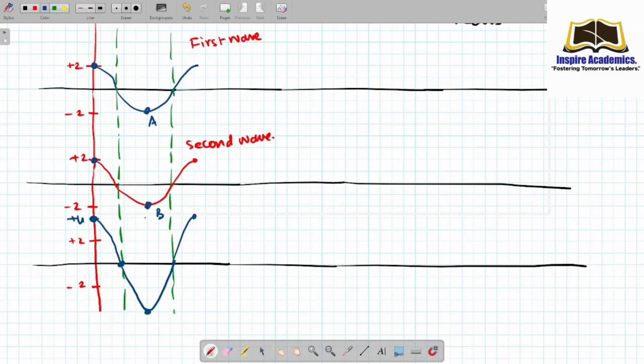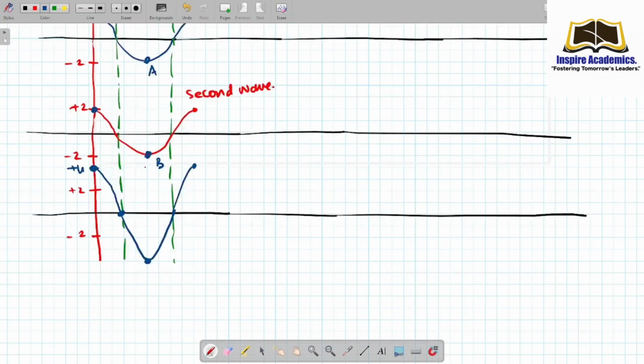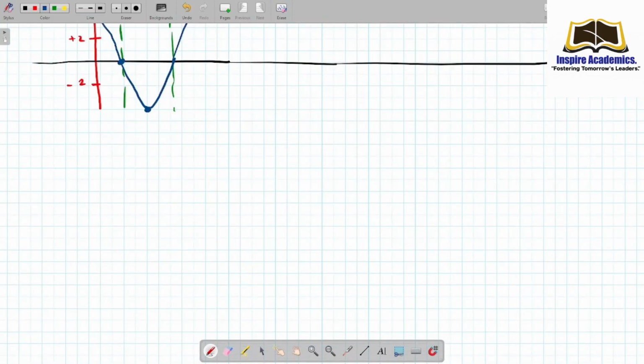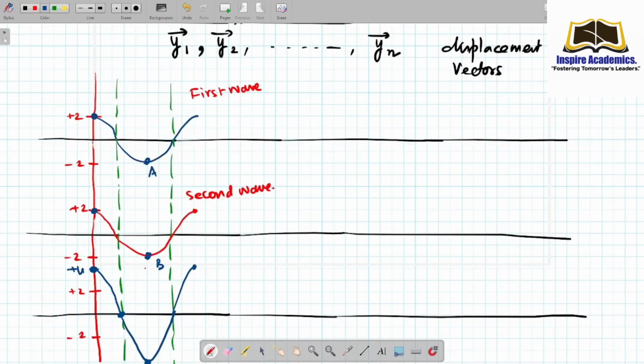Now let us understand, we will now discuss condition for constructive and destructive interference. Now as you know, थोड़ा सा हम इसमें और डिस्कस कर लेते हैं.